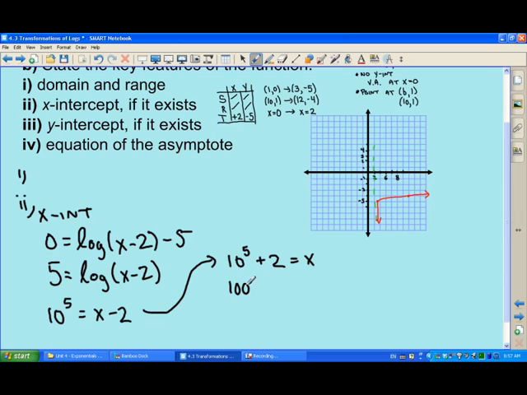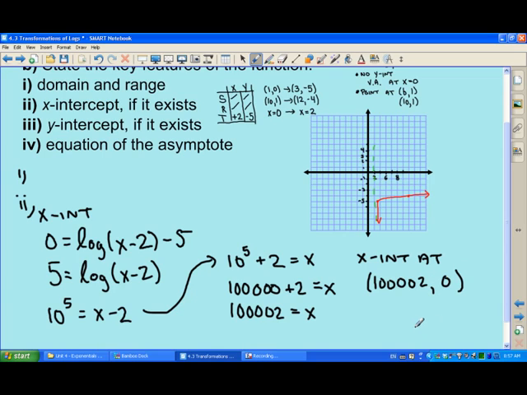It's 100,000. Plus 2 equals my x value. So my x-intercept is going to be at (100,002, 0).